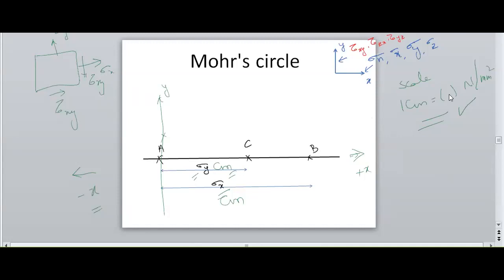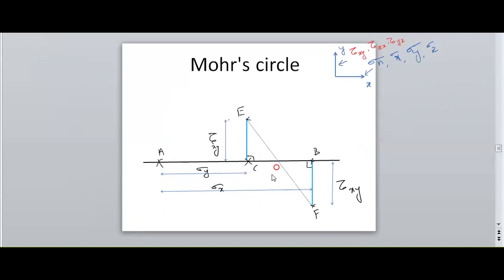So convert these to a proper scale and draw a horizontal line and mark the points A, B and C. Here all are tensile in nature, therefore we need to consider only the right hand side. And next, we consider the shear stress tau xy in the upward and downward directions.